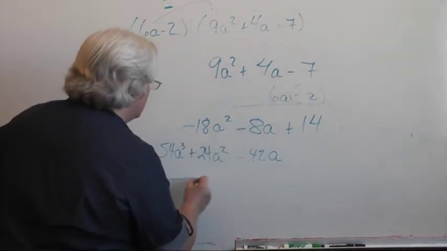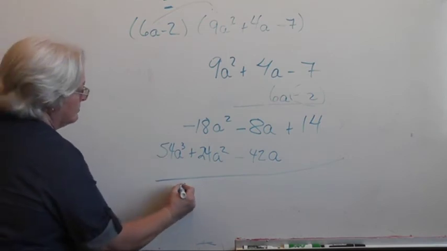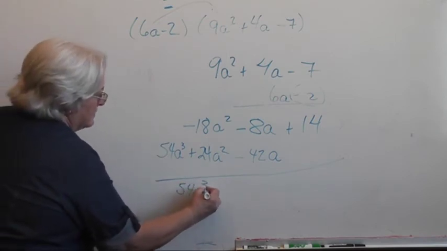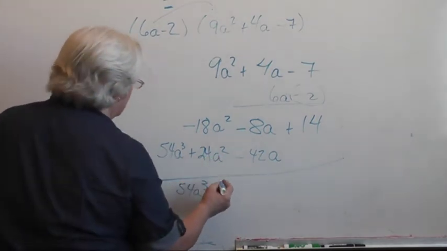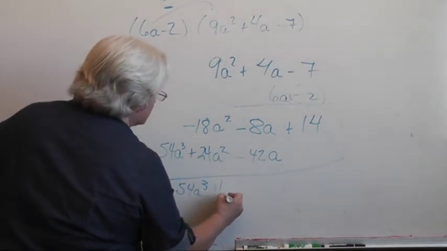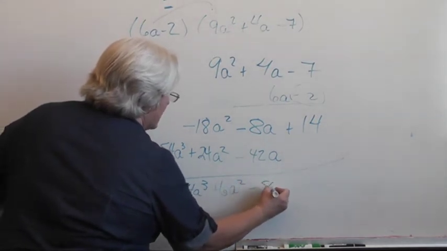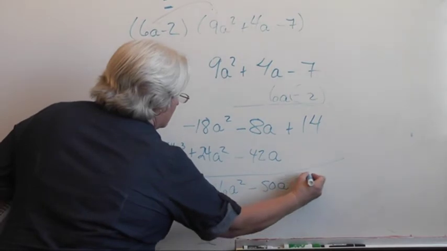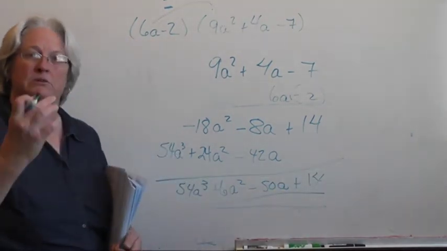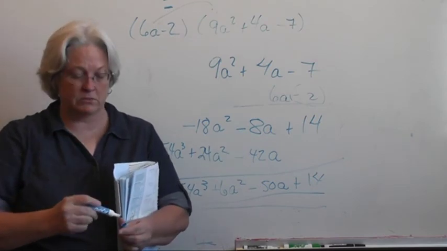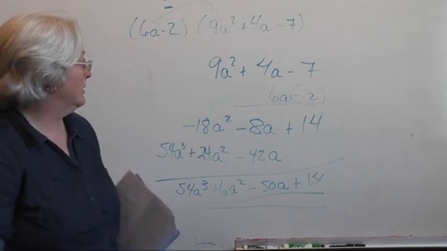Now we combine these two partial products. 54a cubed, negative 18 plus 24, same as we had last time, plus 6a squared minus 50a plus 14. That's all there is to multiplying binomials, trinomials, polynomials in a vertical fashion.